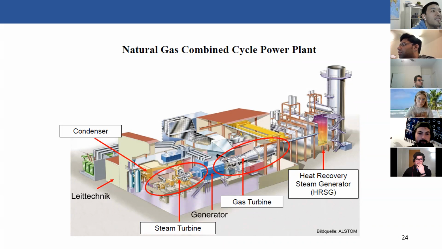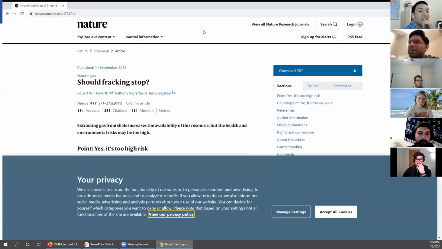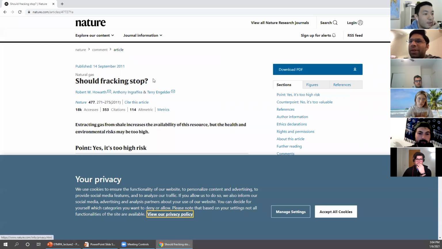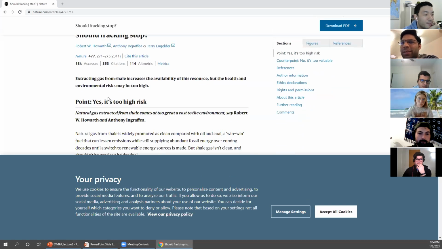Yes, here it is. I remember why this paper was very controversial. So I'm putting it in the chat. I'll pull it up over here too. The name of this paper is "Should Fracking Stop?" Okay. Thank you.